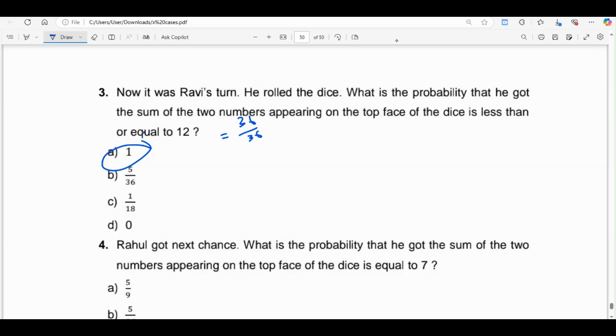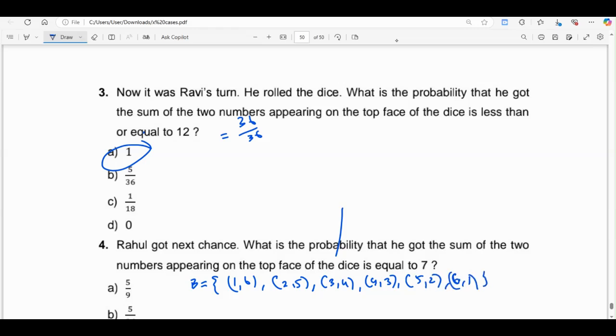Then Rahul got the next chance. What is the probability that the sum of the two numbers on the top faces of the dice is equal to 7? What are the outcomes we have? 1 comma 6, when you add, it is 7. Then 2 comma 5, then 3 comma 4, then 4 comma 3, then 5 comma 2, then 6 comma 1.